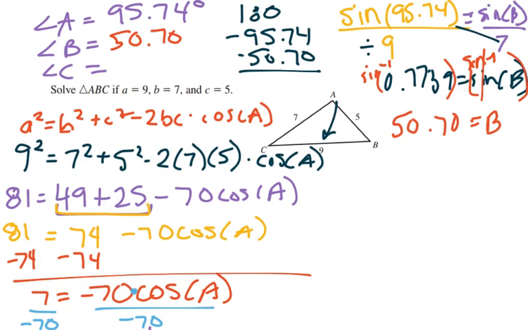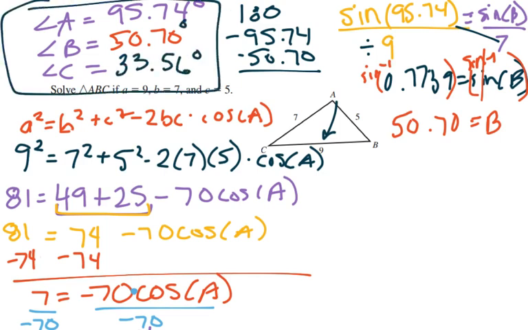And we get a leftover of 33.56 degrees. There they are. So, basically once you use the law of cosines one time, you're pretty good after that.